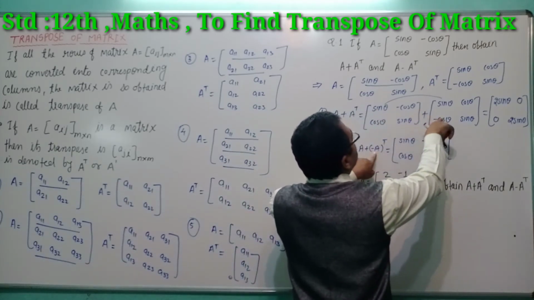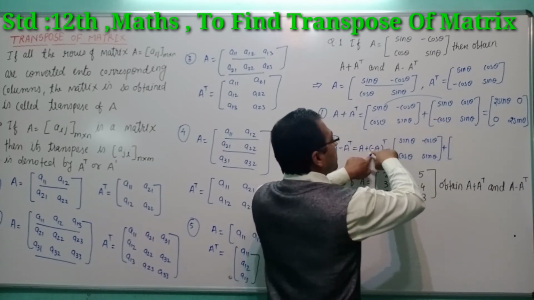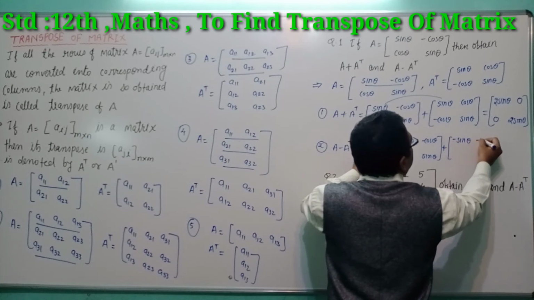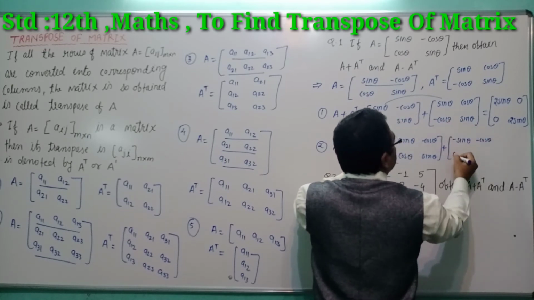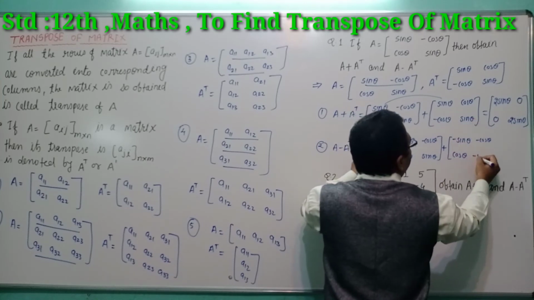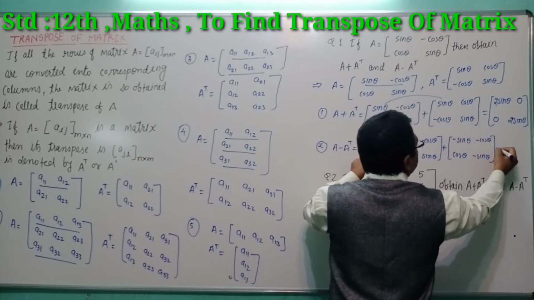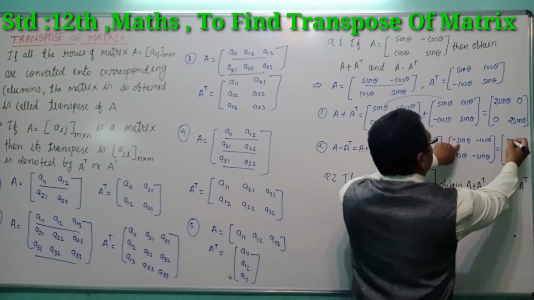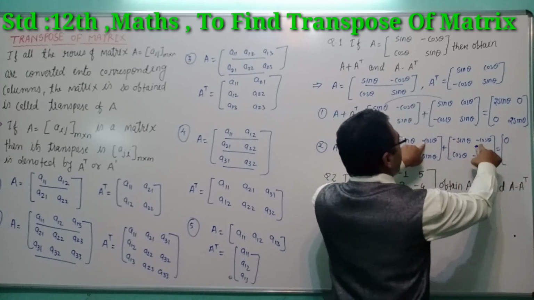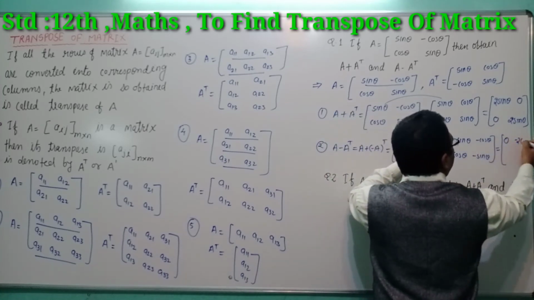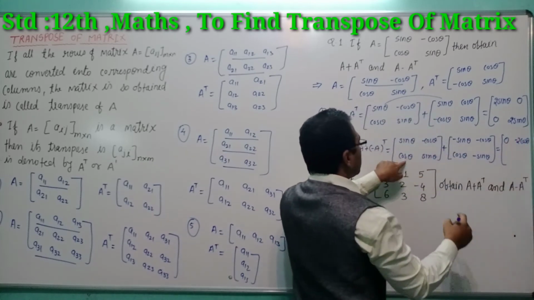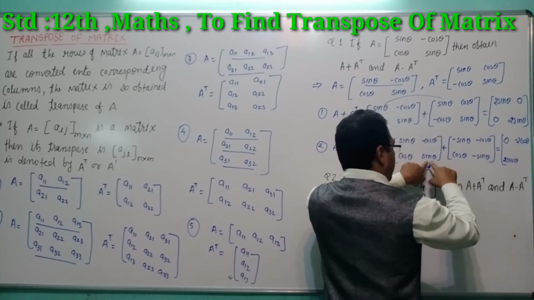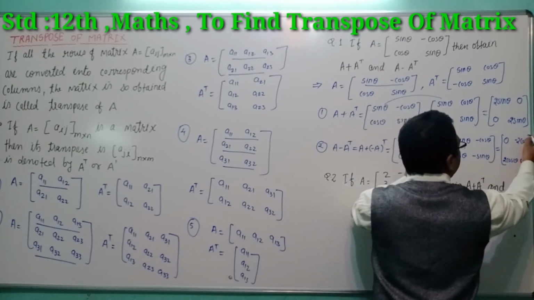Now this is A transpose, you are multiplying with minus, so here will be minus sin theta, minus cos theta. This will be cos theta and this will be minus sin theta. Right students? Okay, so sin theta and minus sin theta, you are getting element 0. Minus cos theta minus cos theta means minus 2 cos theta. Cos theta and cos theta, 2 cos theta. Sin theta and minus sin theta will be 0.